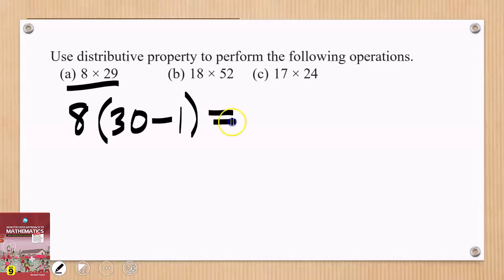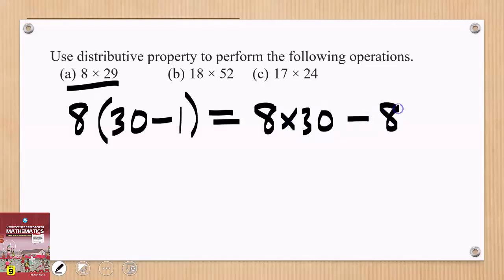Now, this can be written as 8 times 30 minus 8 times 1. And 8 times 30, you are only doing 3 times 8, then you attach your 0. And we know 3 times 8 is 24. So 24, we attach 0.